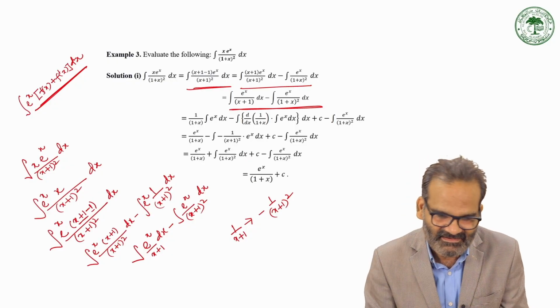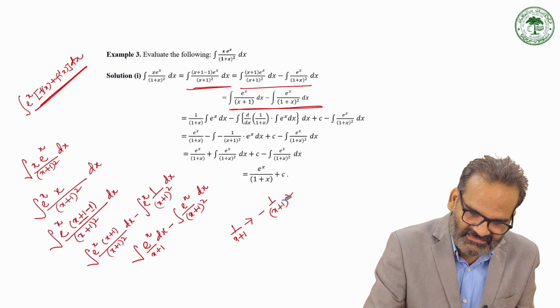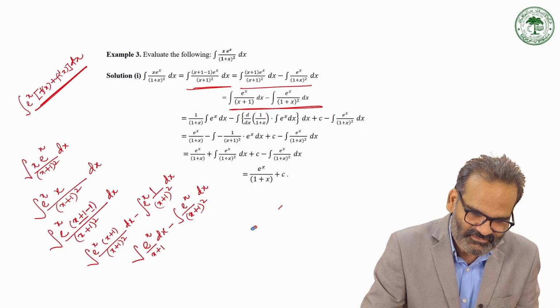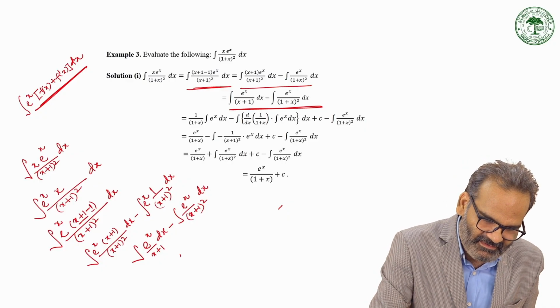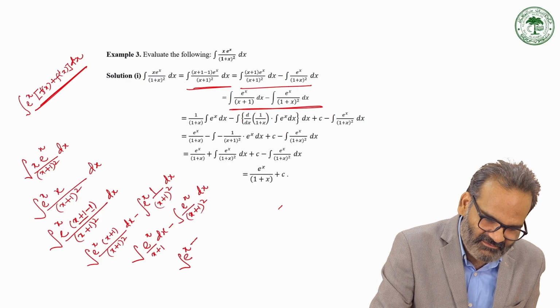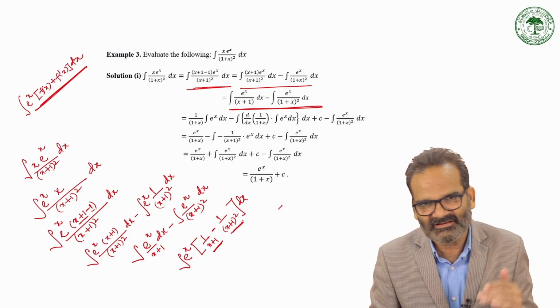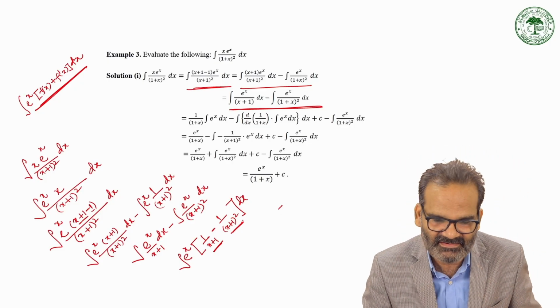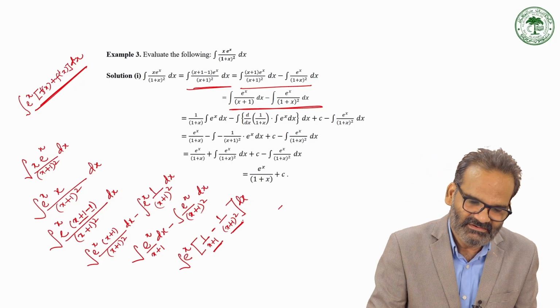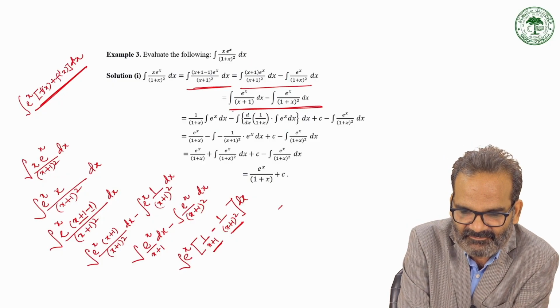It means this function can be written like this. If you take e raised to the power x common, what will be left? 1 upon x plus 1 minus 1 upon (x plus 1) power 2, dx. See, this is your f(x) and this is your f dash x, right? 1 upon x plus 1 and its derivative is minus 1 upon (x plus 1) square. So this is of this type.